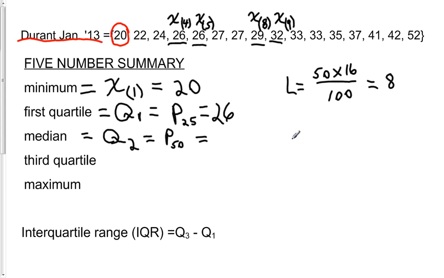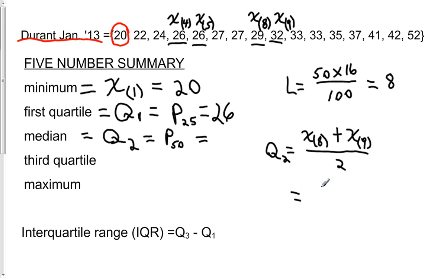For our second quartile, we take x8 and add it to x9, the 8th and 9th order statistic. We add those two together and divide by 2.